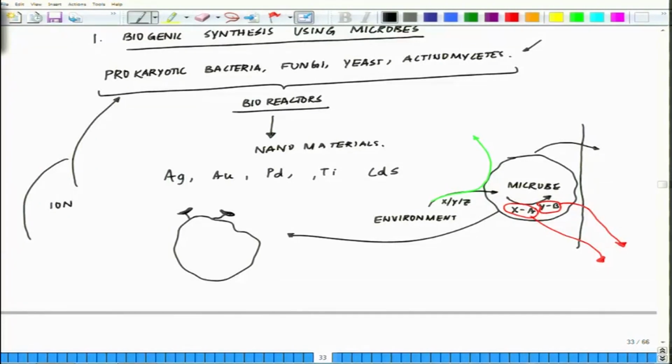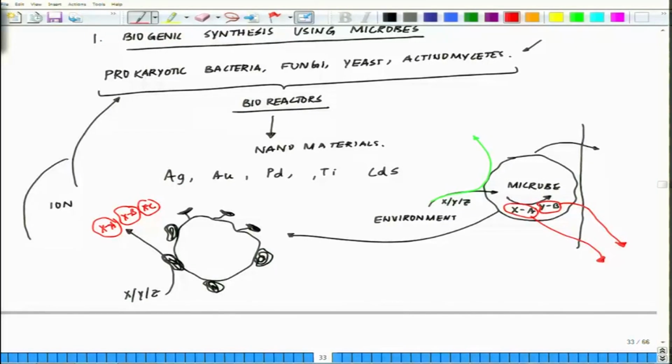So, what I am drawing now are the decorated enzymes sitting on top of the microbes, and these are helping in transforming some X, Y, Z, whatever, into some desired product by the enzyme activity, to say XA, XB, XC, or likewise, depending on what is the desired product we are asking about.